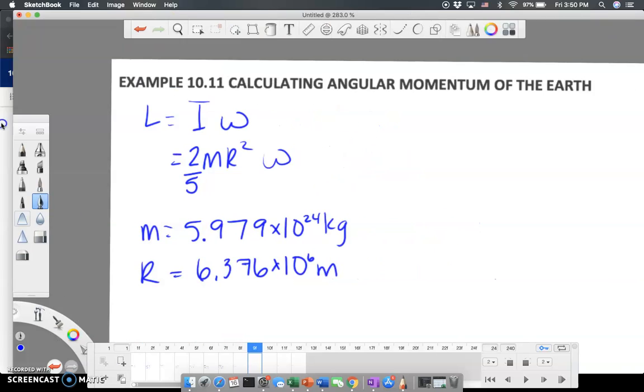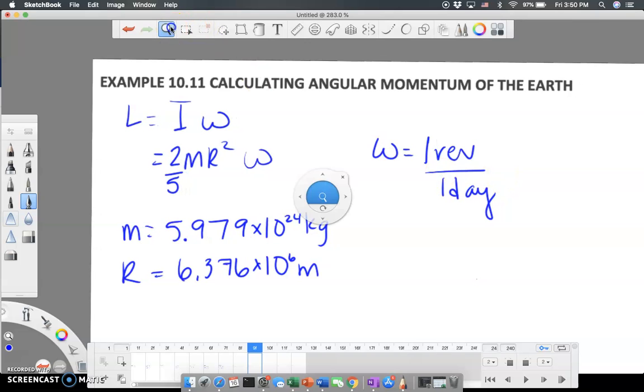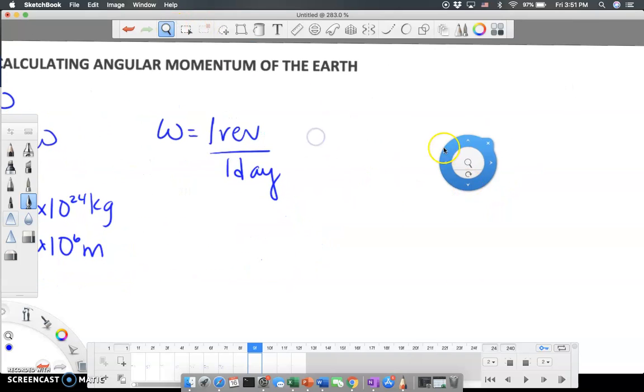Our omega, okay, remember, omega is going to be our angular velocity. So in one day, how many revolutions do we do? We do 1 revolution per 1 day, right? So we'll need to go ahead and translate that into seconds. So let me go ahead and do that really quickly.